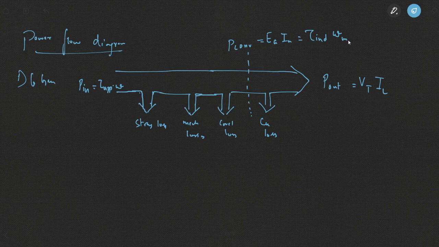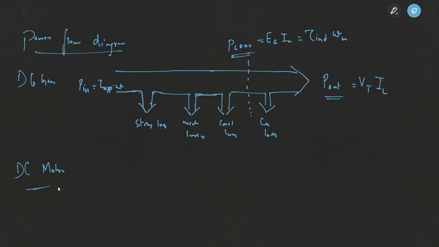So VT and EA will not be equal. There is voltage drop in this machine because of the resistance of the windings. And IA, the armature current, depending upon the type of machine, will have a relationship with IL of the machine. So accordingly, the converted power at this stage is not equal to the output power obtained at this stage because of the copper losses in the machine.